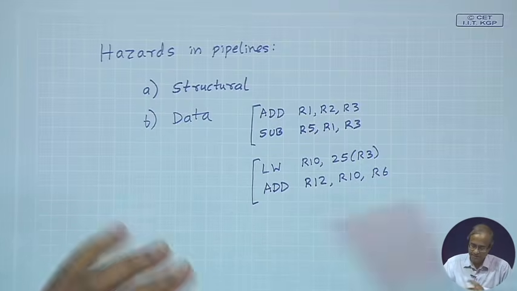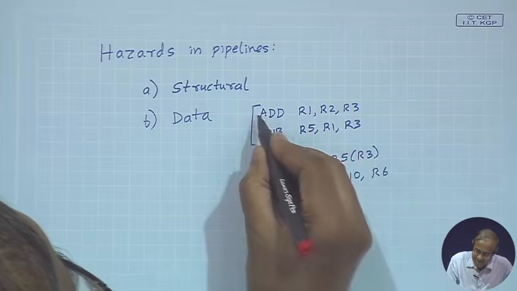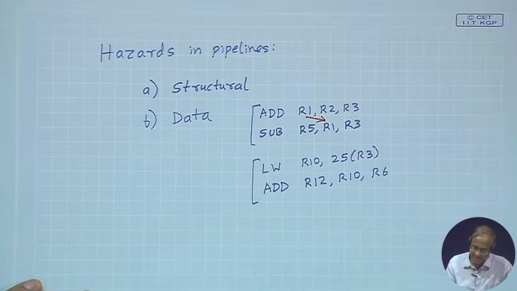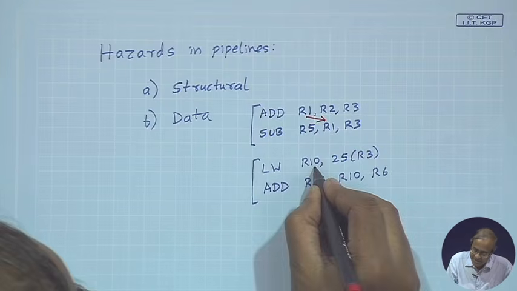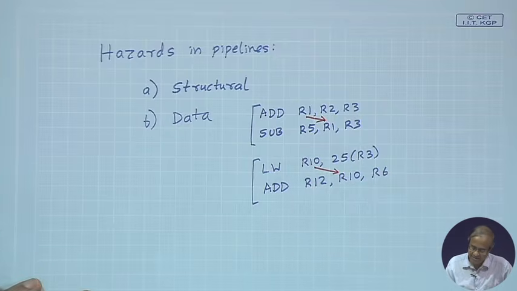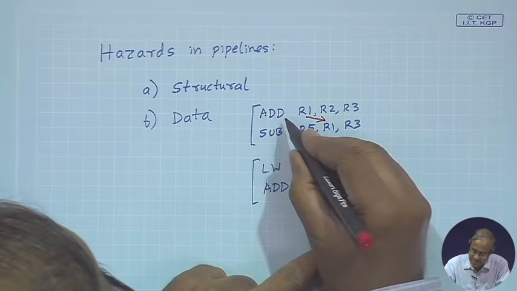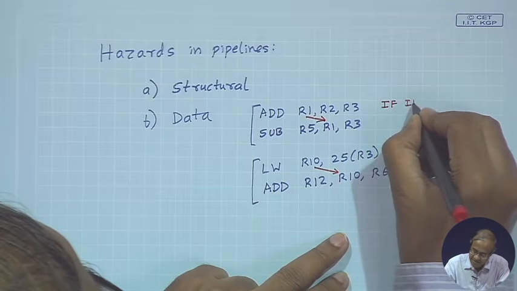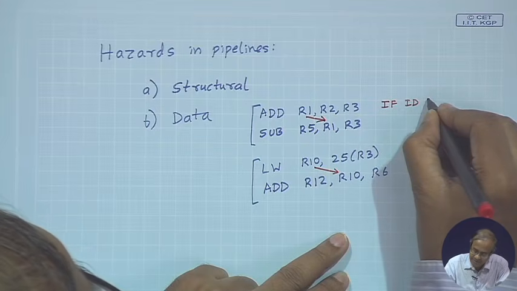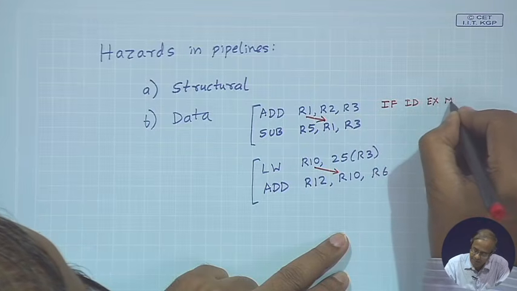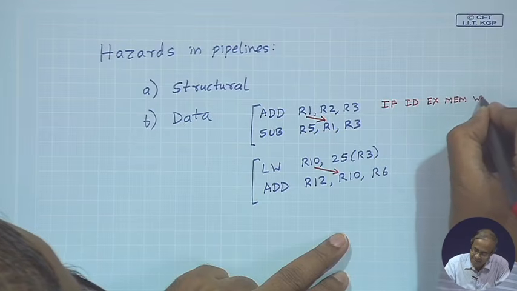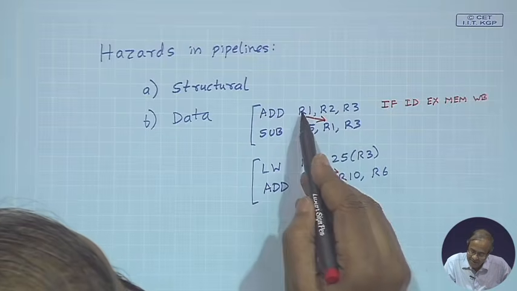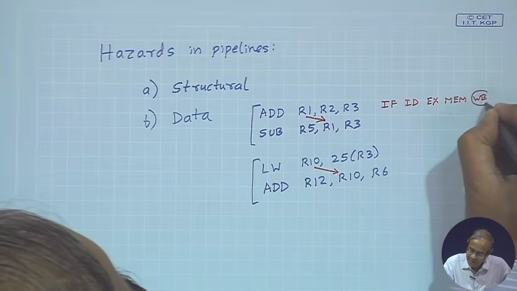So, you see one thing, here the first instruction is generating R1 which is being used in the second instruction. Here it is generating R10, used in the second instruction. Think like this: the first instruction add goes through instruction fetch, instruction decode, execute, mem, then write back. Under normal circumstances this result will be written only during WB.